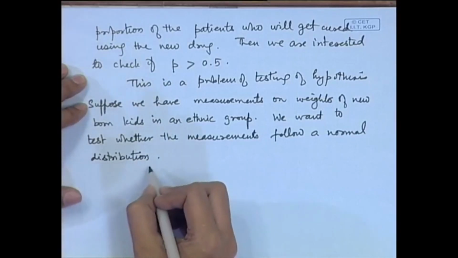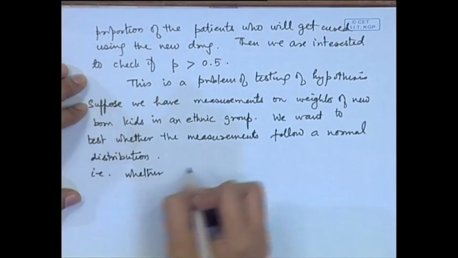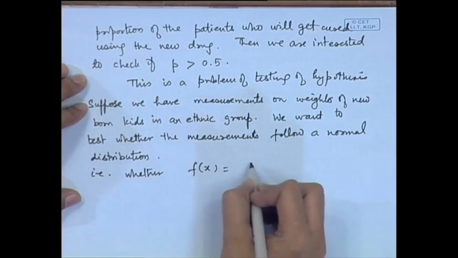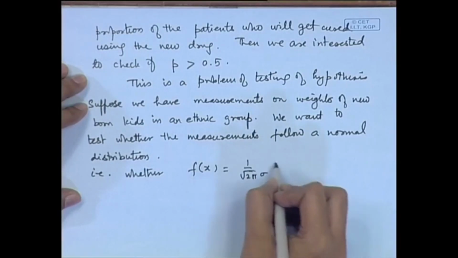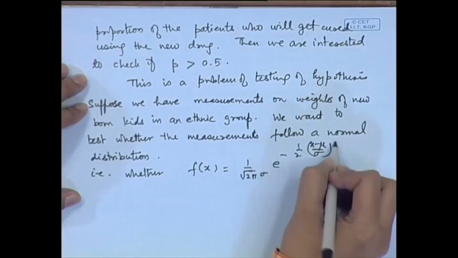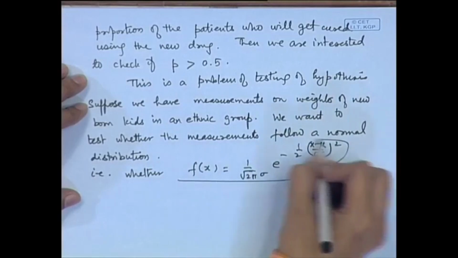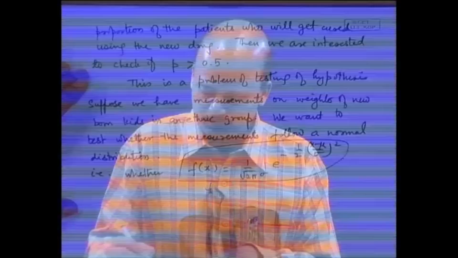That means we want to check whether f of x is equal to 1 by root 2 pi sigma e to the power minus 1 by 2 times x minus mu by sigma whole squared. So, we want to check whether this is true. So, this is again a statistical hypothesis.